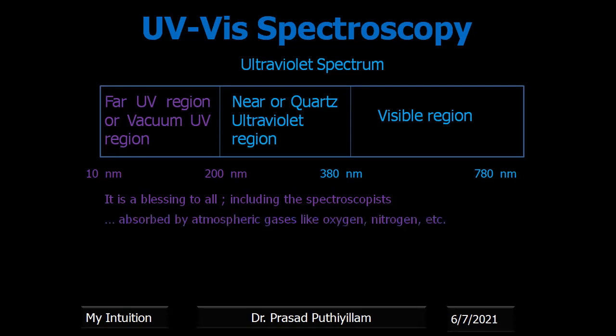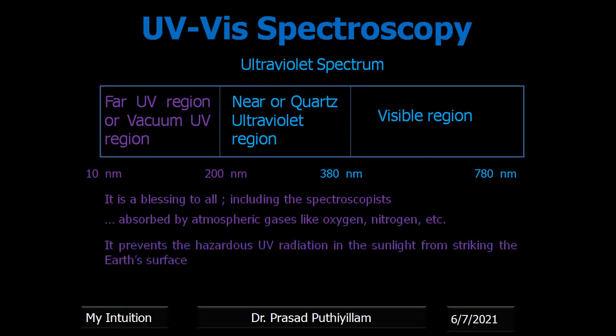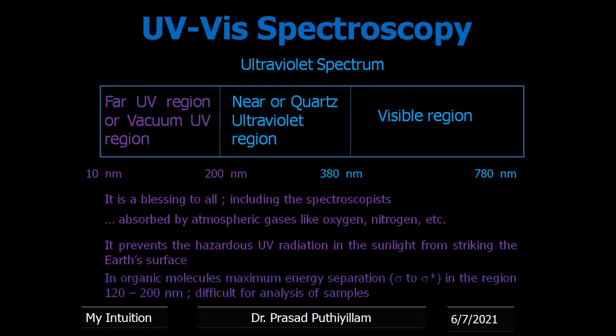Okay, the ozone layer, we know our atmosphere has an ozone layer. So these ultraviolet radiations coming from the sunlight are very hazardous. That is avoided because of the presence of oxygen, nitrogen, and mainly the ozone present in the atmosphere, which absorb those UV radiations before they strike the earth's surface.